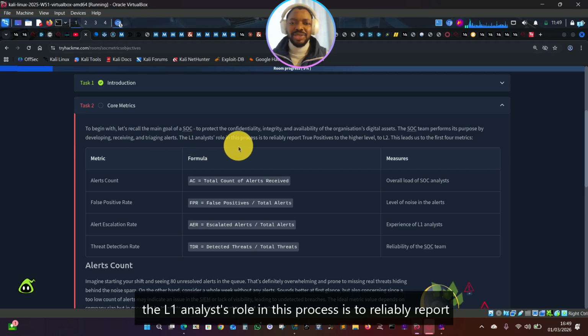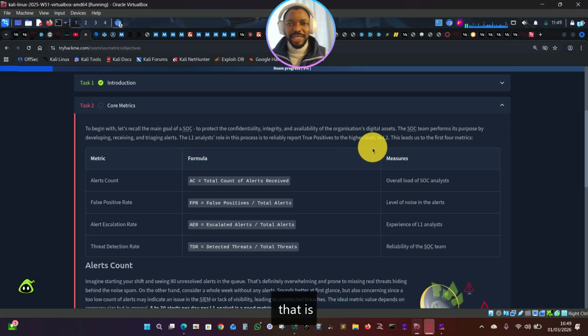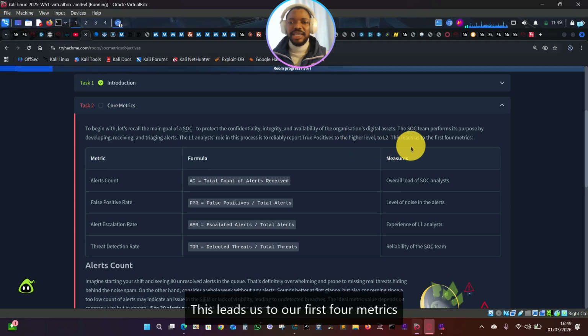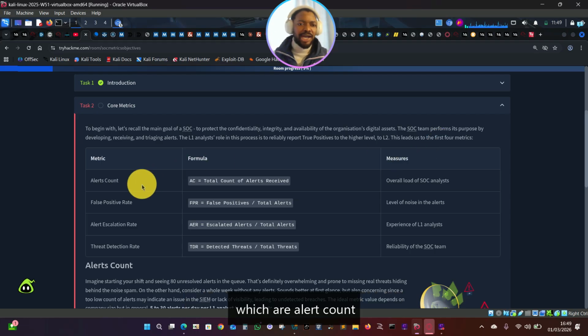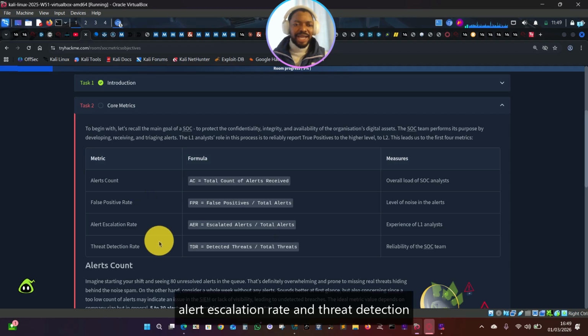The L1 analyst's role in this process is to reliably report true positives to the higher level, that is L2. This leads us to our first 4 metrics, which are alert count, false positive rate, alert escalation rate, and threat detection rate.